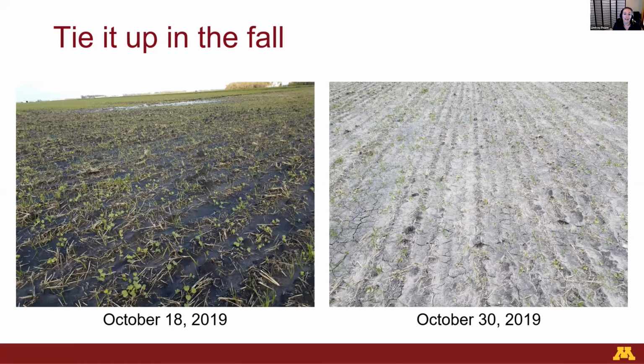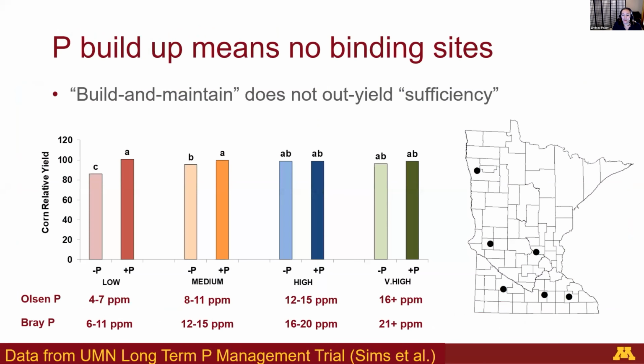And the way that we make sure that we have binding sites in the soil is to listen to the studies that Dan and Jeff participated in before I got on board. But these long-term phosphorus experiments that were done all throughout the state really show that, just as Jeff mentioned, if you are applying that 30 pounds per year of phosphorus and you aren't building those soil test levels, then that means you have binding space.